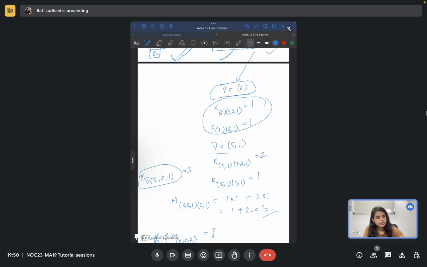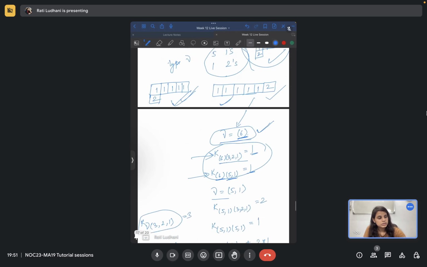So when you have considered nu to be 6, the summation is over all the partitions nu such that both of the options have a corresponding Kostka number you need to find, for that nu and the type 3 2 1 and the type 5 comma 1. When you have considered nu to be 6, you got Kostka number of shape 6 and type 3 2 1 to be 1, and Kostka number with shape 6 and type 5 comma 1, you got 1.